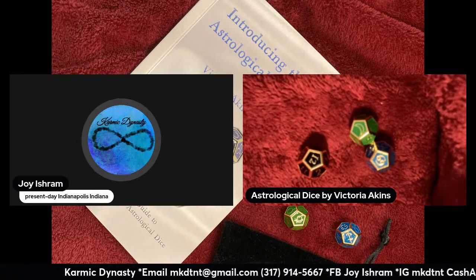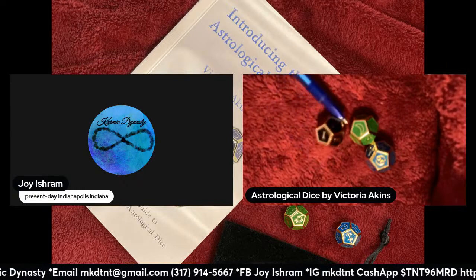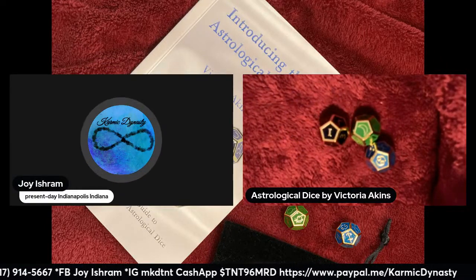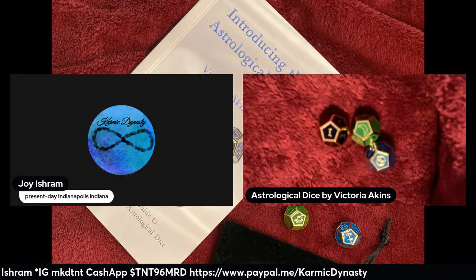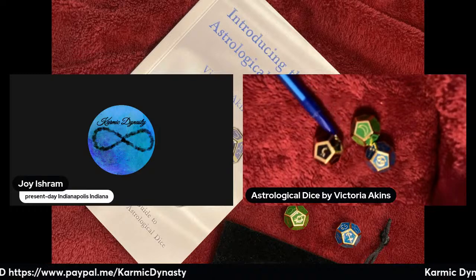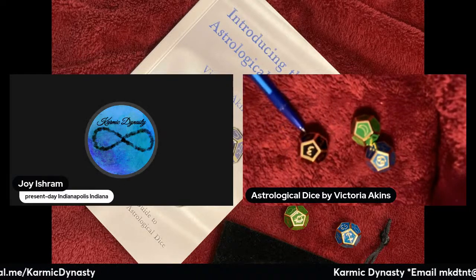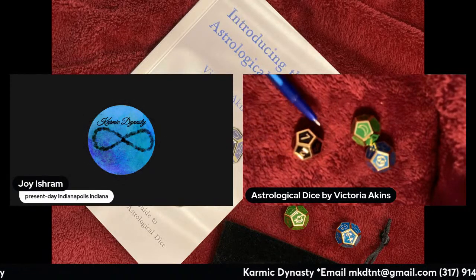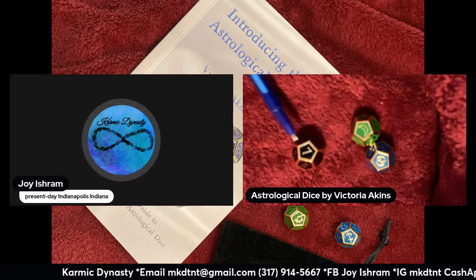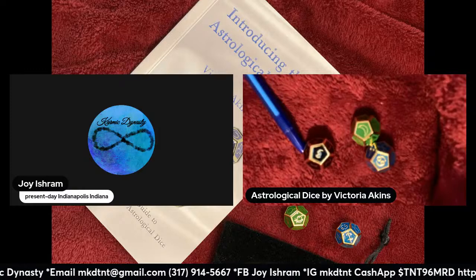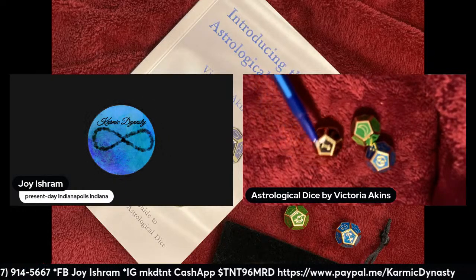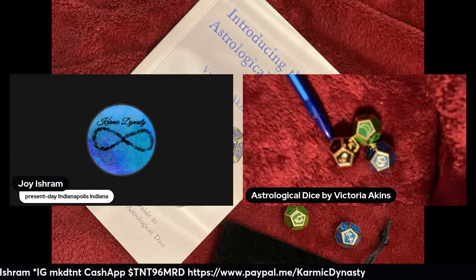So the 1 on this die represents self. The number 2 represents wealth. See that? Okay. The number 3 represents communication. Number 4 represents family.